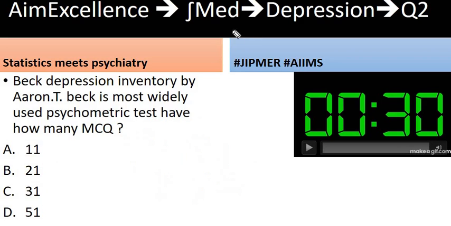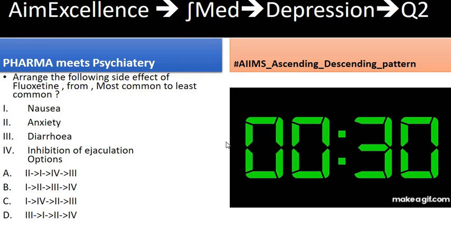Now the third question. Here this is an AIIMS ascending and descending pattern kind of question. Here the side effects of an SSRI, fluoxetine, a prototype drug which is given to the depressive patient, have to be categorized from most common to least common.